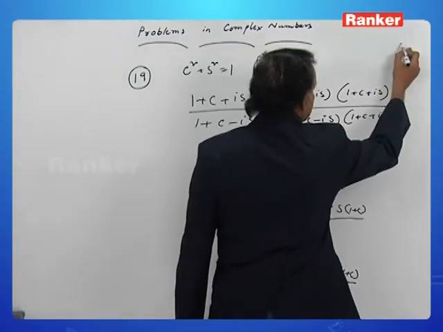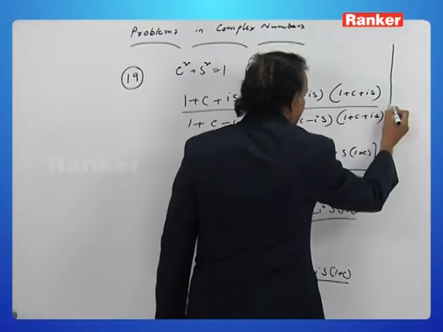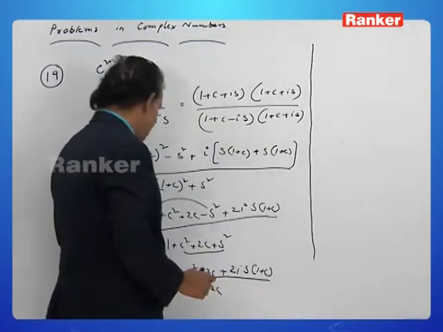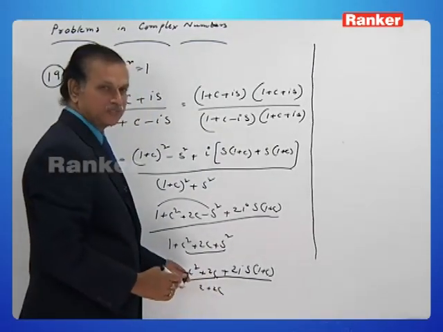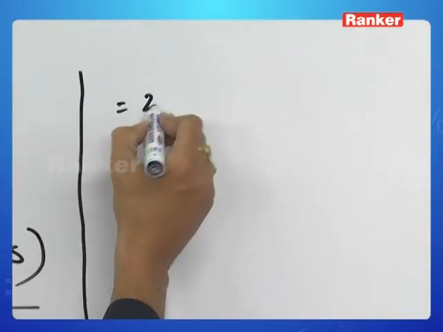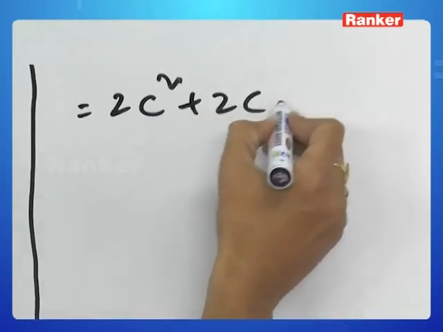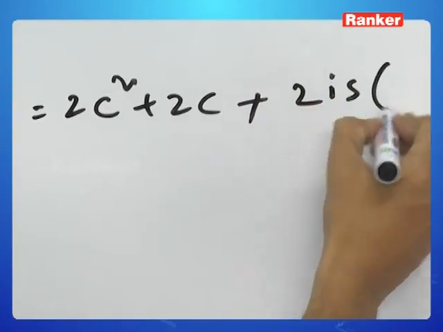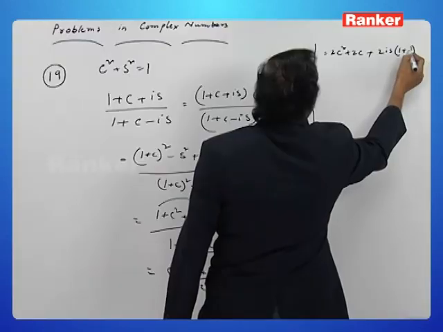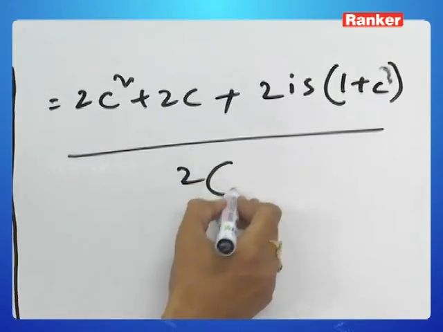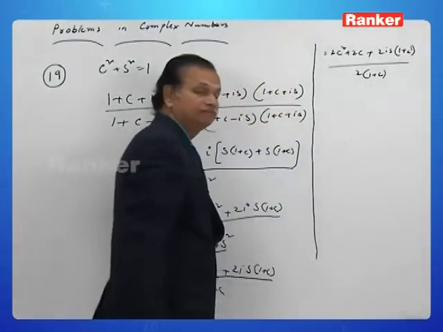Again, let us simplify the numerator still. What is c square plus c square? 2c square. 2c square plus 2c plus 2s into 1 plus c by 2 into 1 plus c.